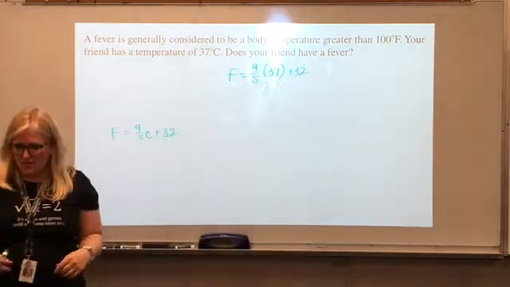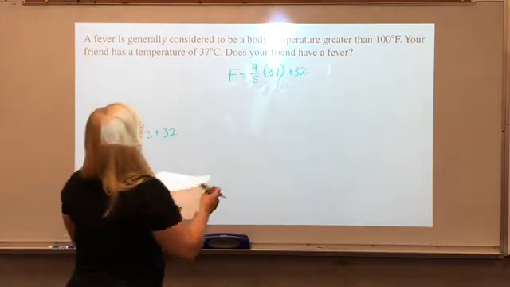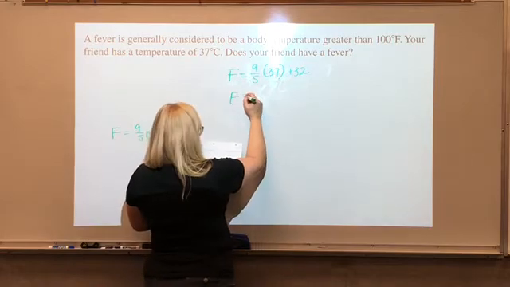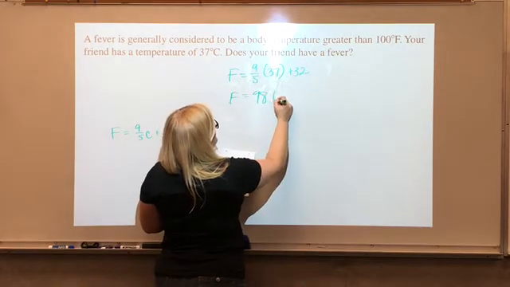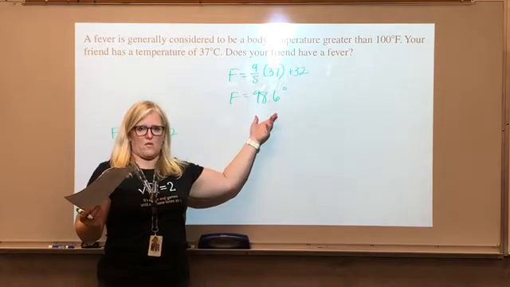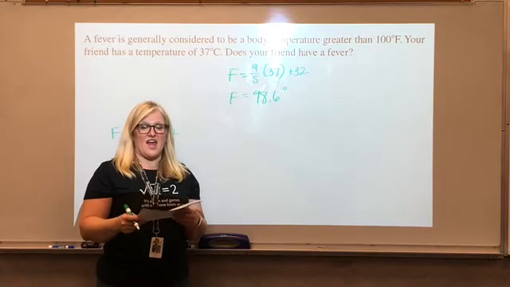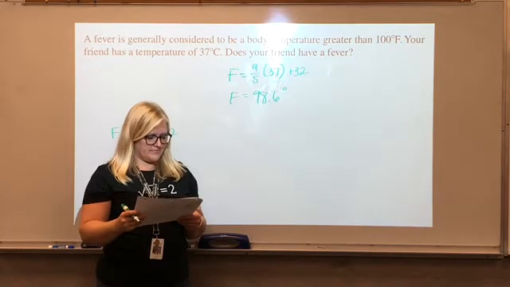Okay, and once I put that in and I crank it out, I end up with 98.6 degrees, which is what they consider normal. So no, my friend does not have a fever. Thank goodness, because they might have COVID and that would be horrible.